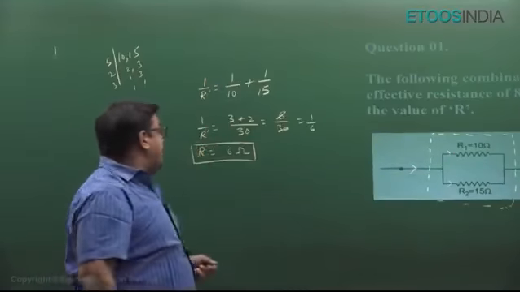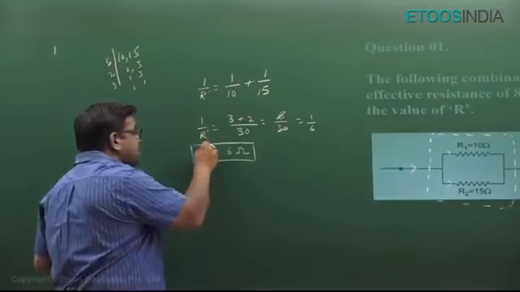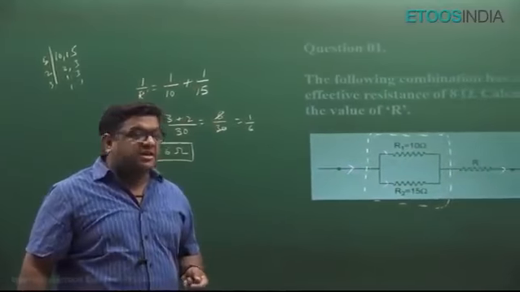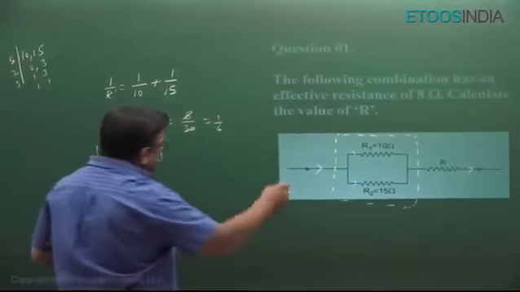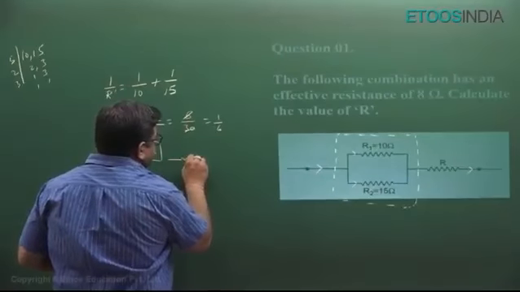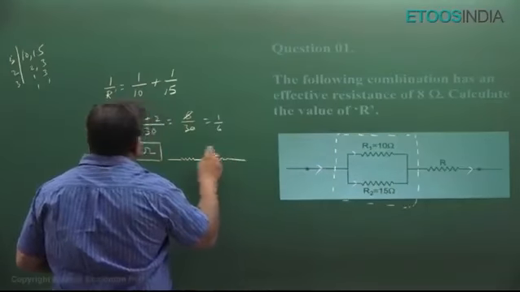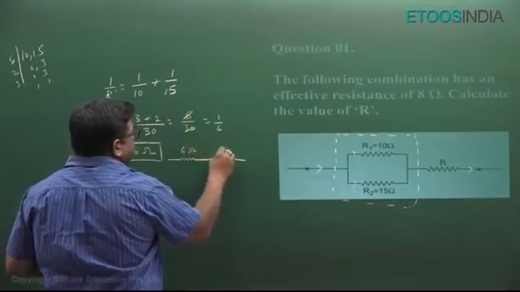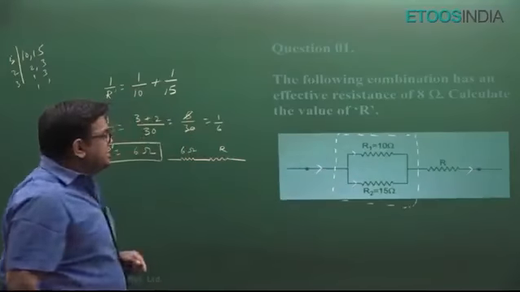This is because we have to reciprocate the final answer. Now, we know that if I make the equivalent diagram for this system, it will be like 6 ohm this one, and this is R. Is it clear?